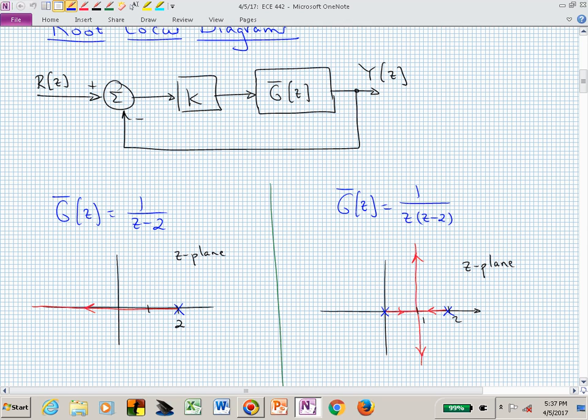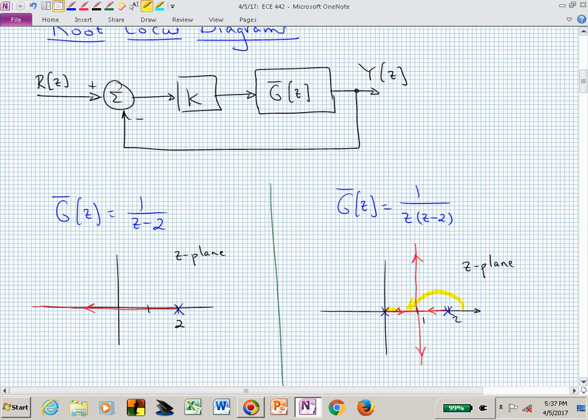And the leftmost segment, if I now look at a point, let's say minus 1, and stand on both of those poles and find the angle each of those poles has to turn through, the pole at 2 has to now rotate that much to see at minus 1.